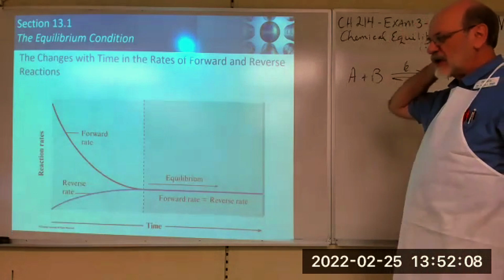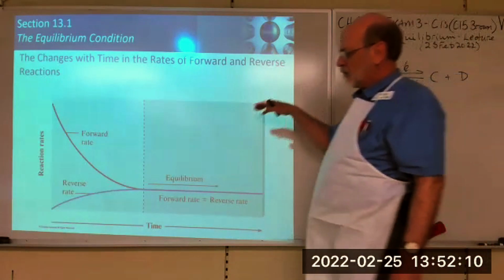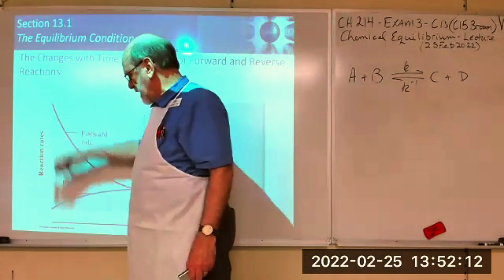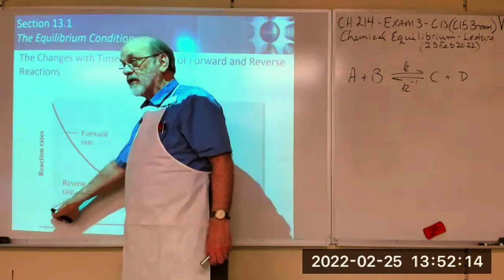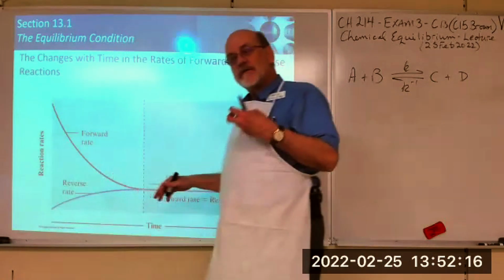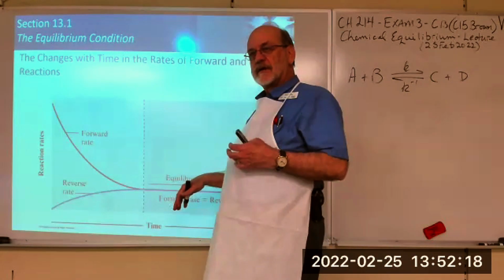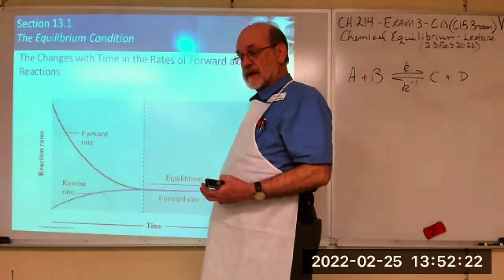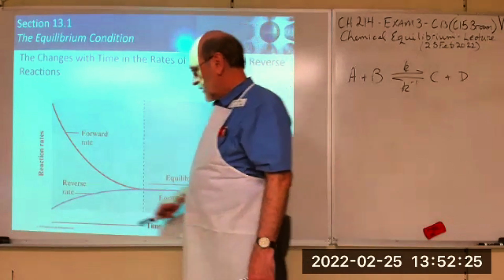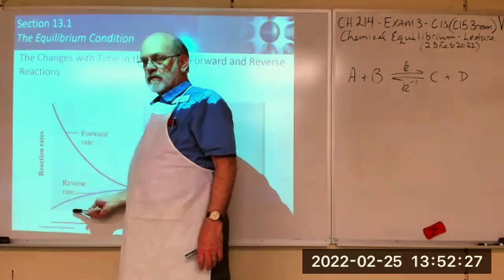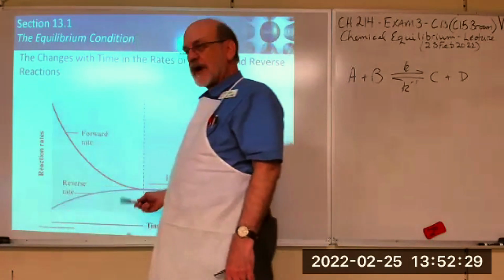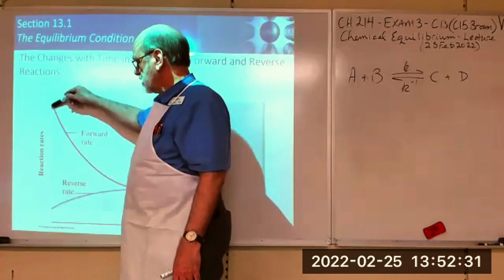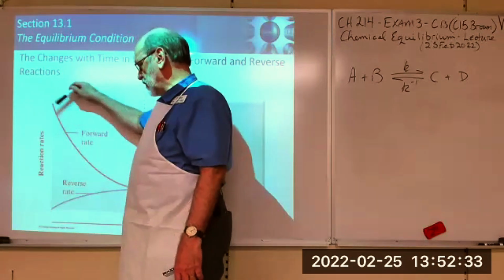This is another way to look at it, where the forward rate is very high and the reverse rate is 0 to begin with. That's why we do the initial rates method for determining the constants, so that we don't have a competing reverse reaction. So we're actually looking at the rate of the forward reaction.